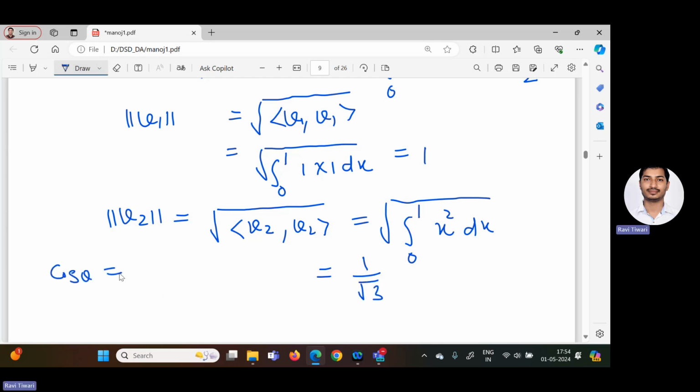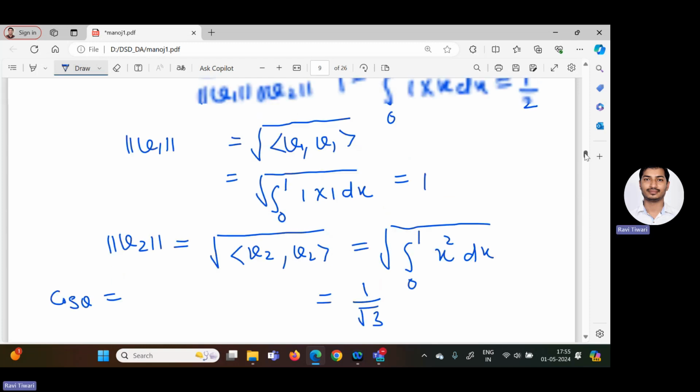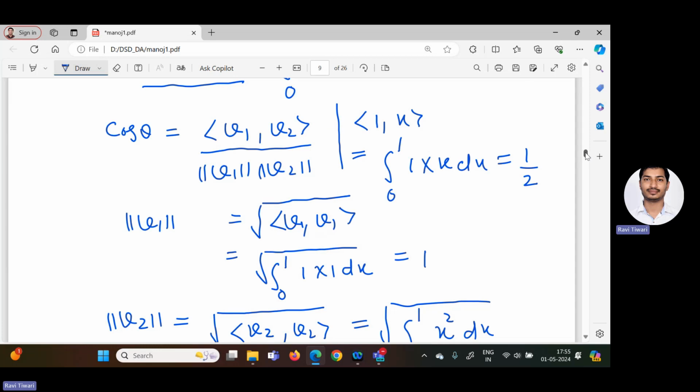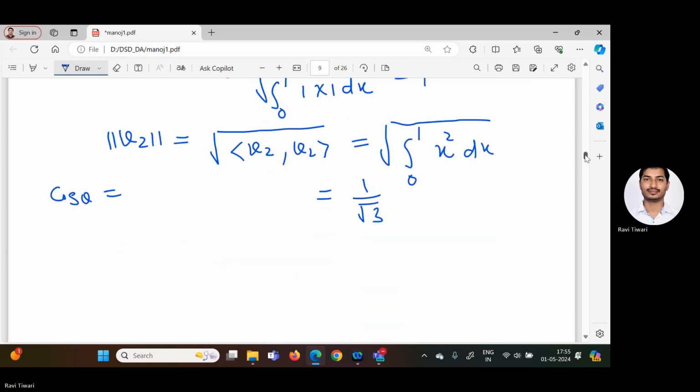So cos theta equals the inner product of u and v, which we just calculated as 1 by 2, divided by the norm of v1 and the norm of v2. Norm of v1 we have calculated as 1, and norm of v2 is 1 by root 3.